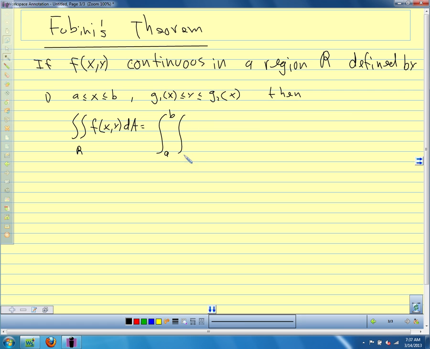Integral from a to b, integral g1 of x to g2 of x, f of x, y, dy dx.